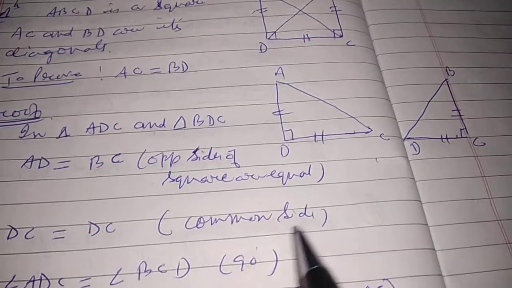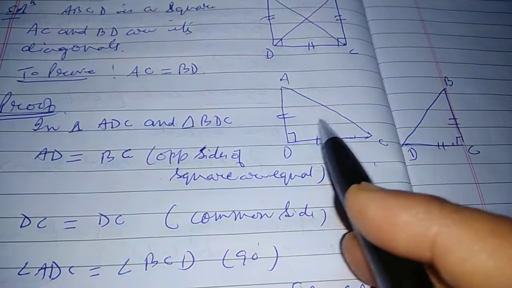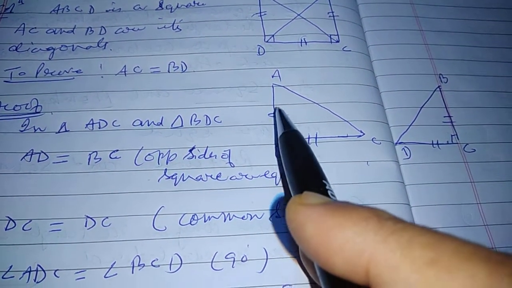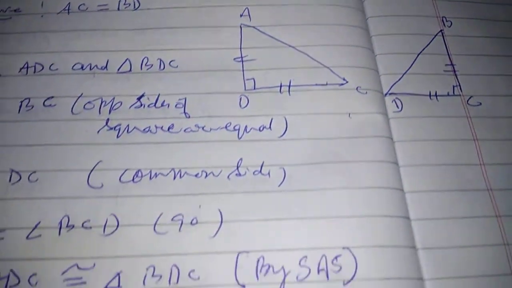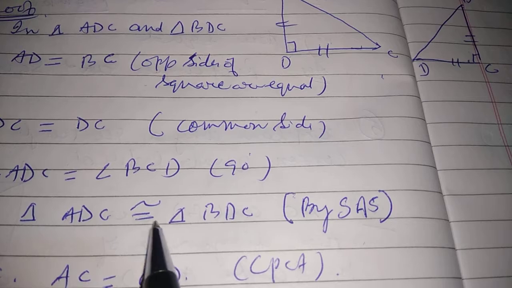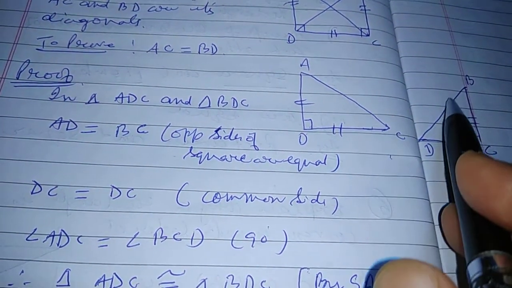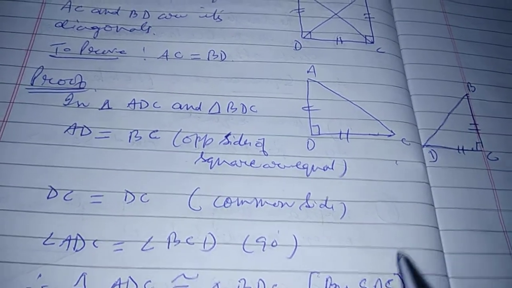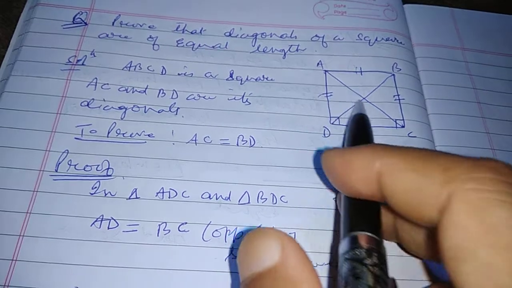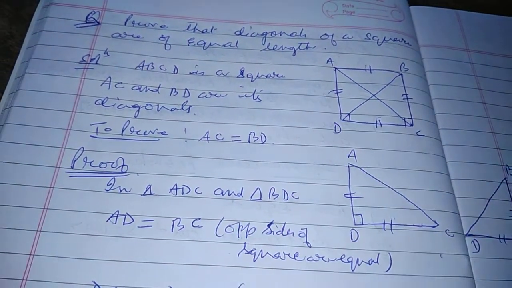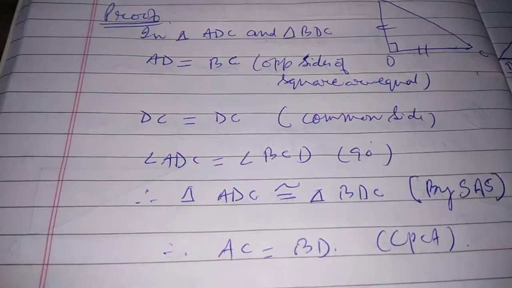So you have to mention here 90 degrees, and then these two triangles are congruent by side angle side. Then you can say that AC and BD are equal. What are these AC and BD? These are the diagonals of a square. So AC is equal to BD, and that you can write as CPCT.